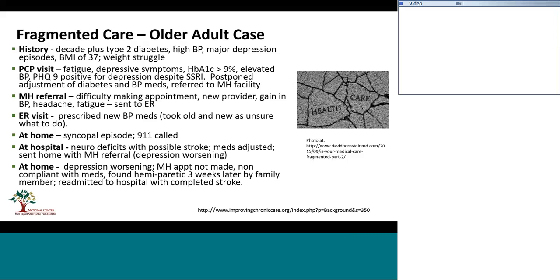And so her PCP postponed adjusting both her hypoglycemic and antihypertensive drug doses until her depression was better under control, and referred her to a mental health center to review and update her depression treatment.